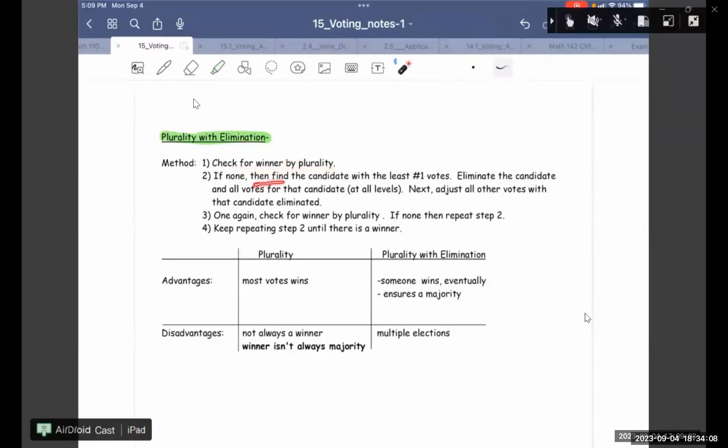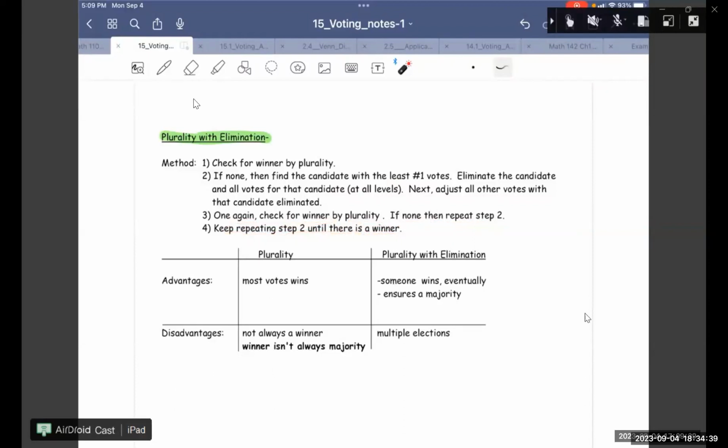If none, then find the candidate with the fewest first place votes, eliminate that candidate, and move the votes to the next candidate on each ballot. Next, adjust the votes for the eliminated candidate. Once again, check the winner by plurality. If none, then repeat step two. Keep repeating step two until we have a winner.